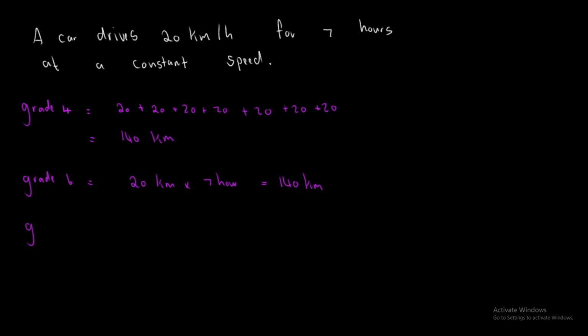Let's move over to grade 9. Okay, now we're starting to develop some mathematical thinking. So now we can see, well, I can first drive 20, then I have 40, then I have 60, then I have 80, then I have 100.